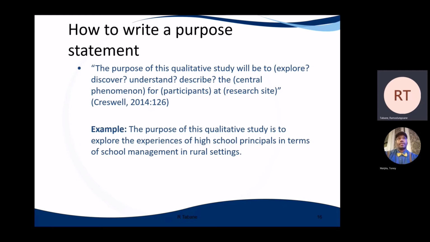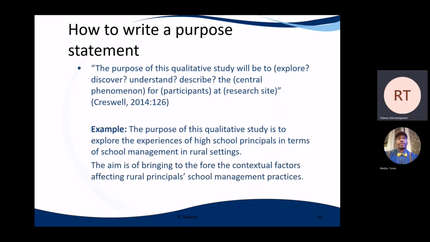He has the setting, the site, rural. Can you see it? Three tenets: central phenomenon of study, school management; the participants, high school principals; and then the site, where is this going to be conducted? In a rural setting.